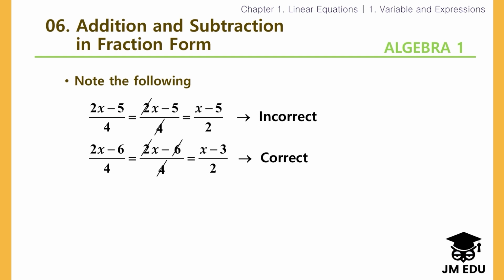Does that make sense? So this expression cannot be simplified. So this is incorrect, okay? If we look at this expression right here, all of these terms are divisible by 2, right? Then we can simplify 2 times 1, 2 times 3, 2 times 2, and write this expression in simplified form, x minus 3 over 2. Okay, so this is correct.